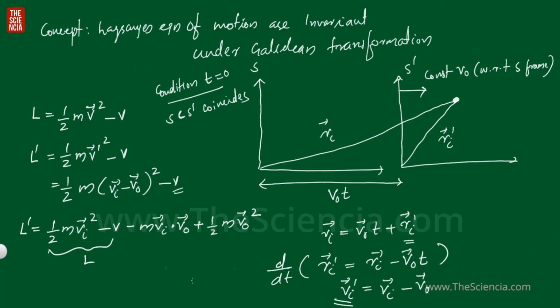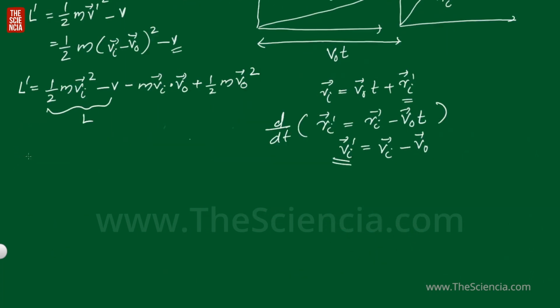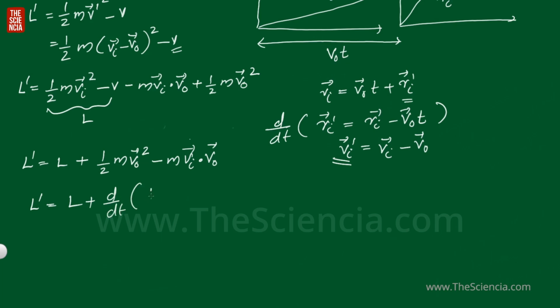So I can rewrite this as L prime equal to L plus 1 by 2 m V0 square minus m Vi vector dot V0 vector. I am rewriting this equation once again, that is L prime equal to L plus d by dt of 1 by 2 m V0 vector square t.